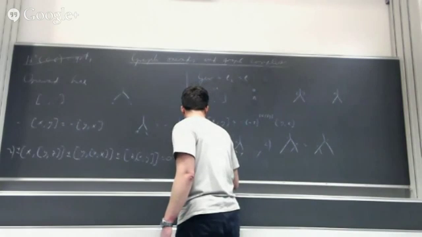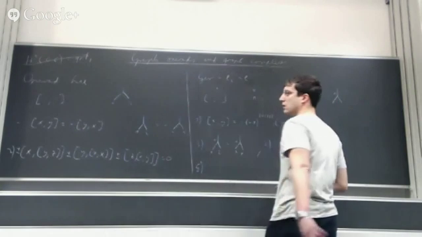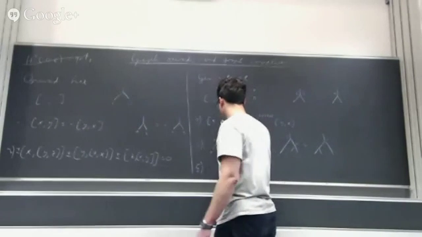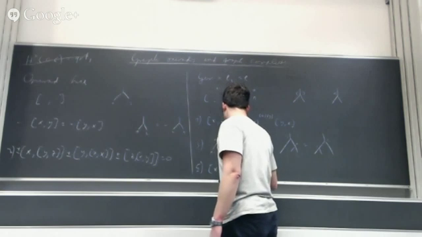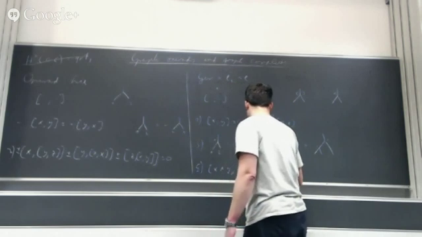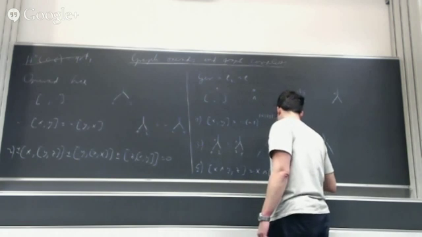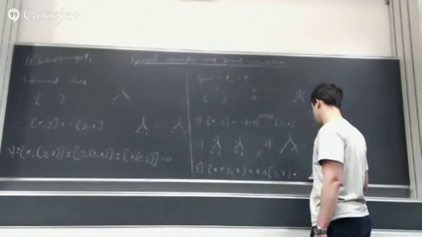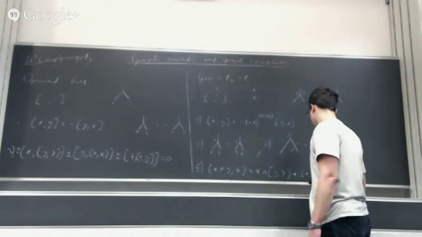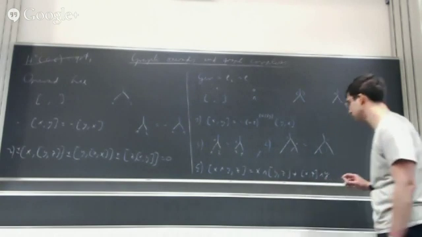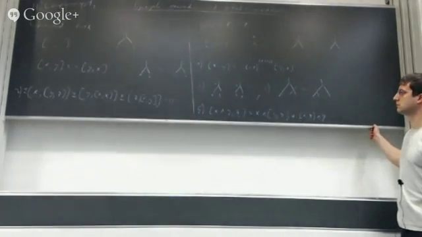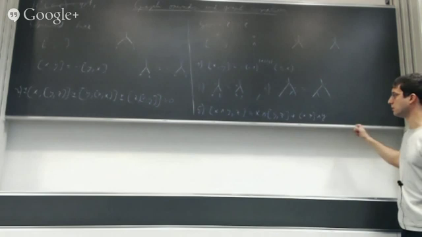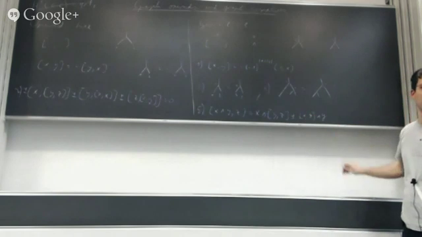And the fifth relation is something which explains the relation between the two of them. It's [x, y∧z] equals [x,y]∧z plus y∧[x,z]. I hope there are no signs. Maybe it's plus minus. I don't know.